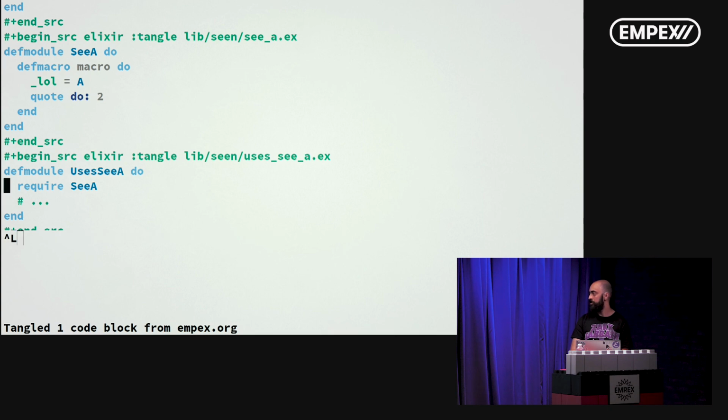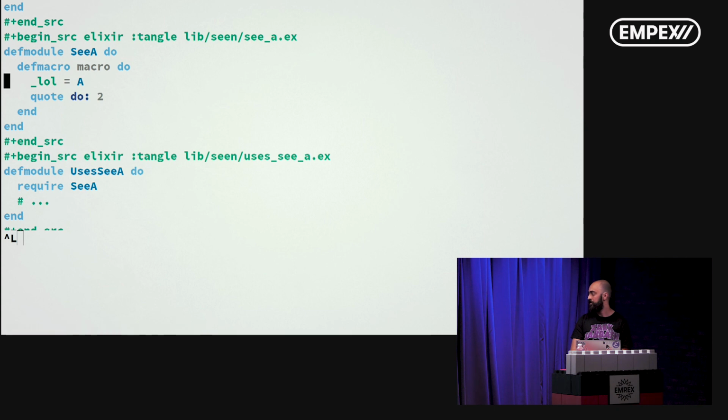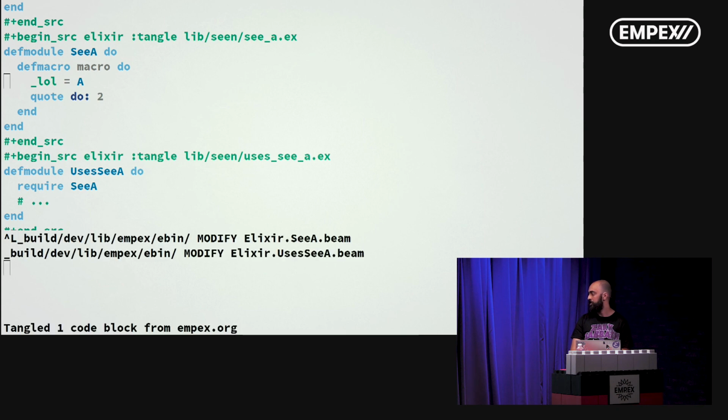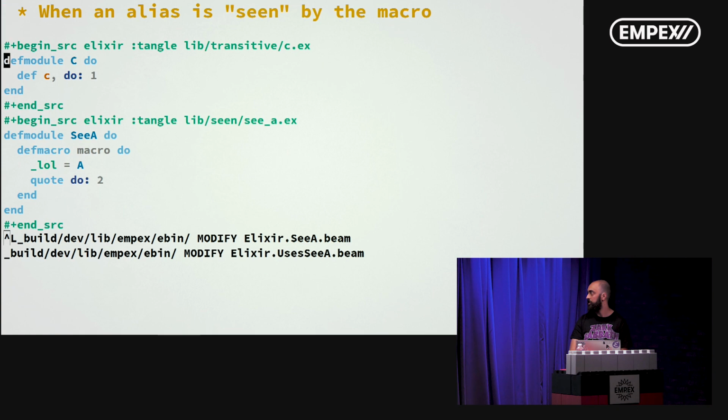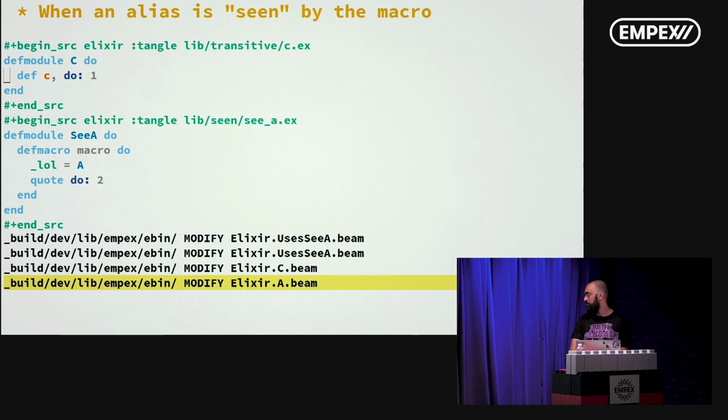So if I change CA, then CA and uses CA gets recompiled. But if I change C over here, and as we remember, C is right down the dependency chain, we see that C is recompiled, A is recompiled, uses CA is recompiled.